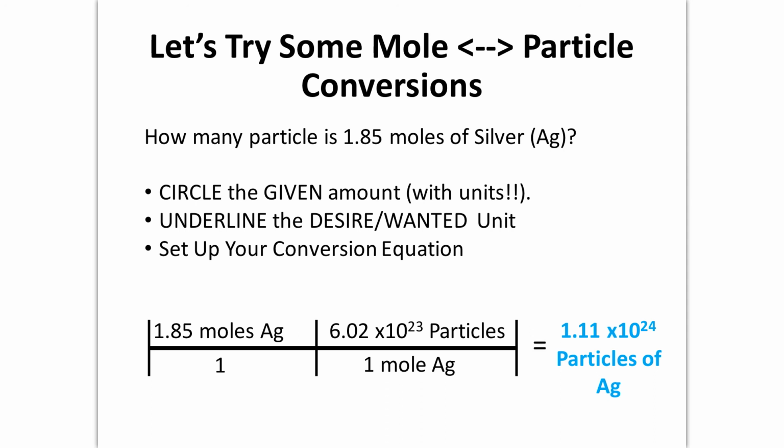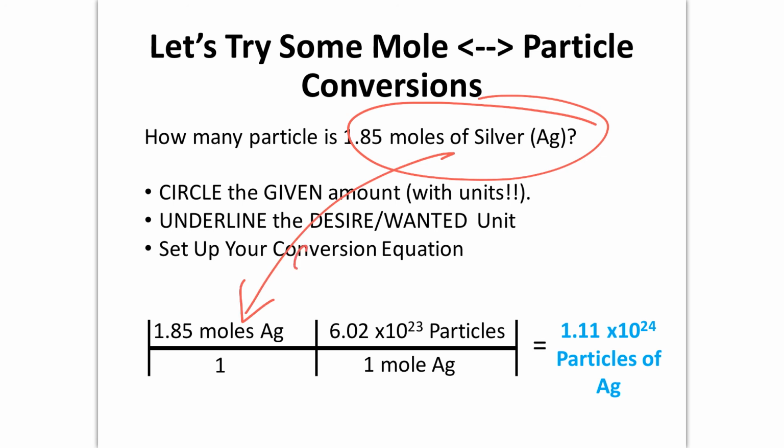Let's quickly circle what we know. We know this. So again, that goes there, and that's my given. And what are we trying to find? We're trying to find the particles. So how many particles? All right, and so the word particle goes here. Right, so this is my want.